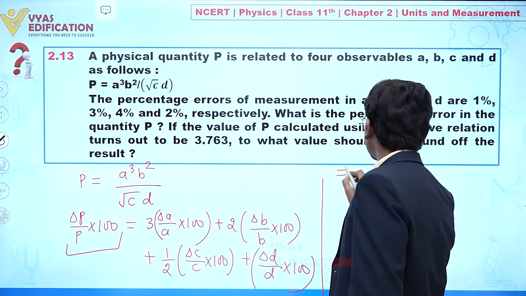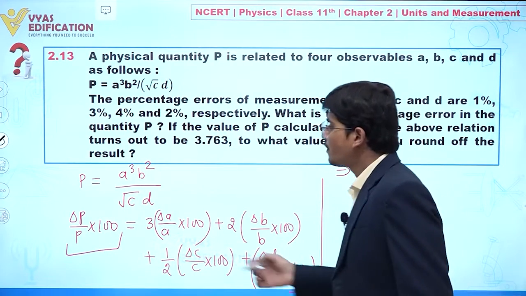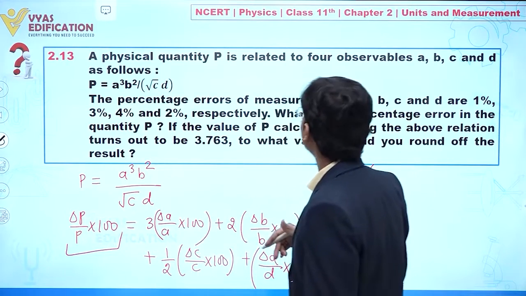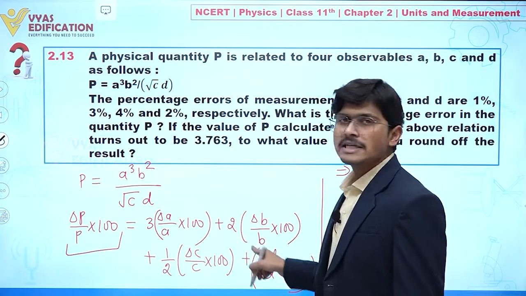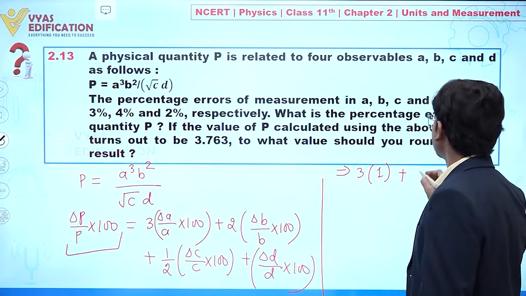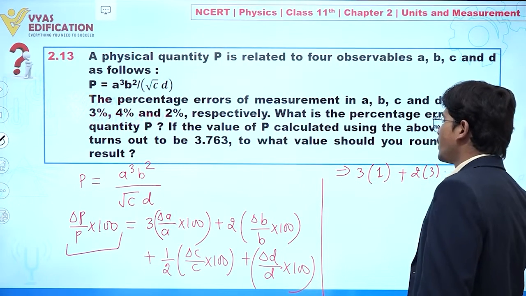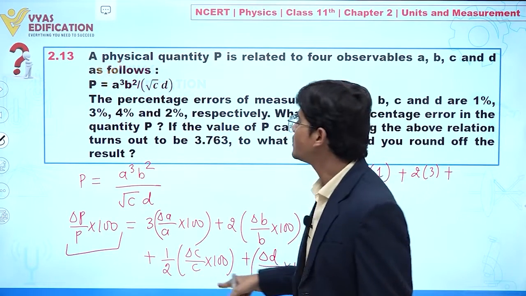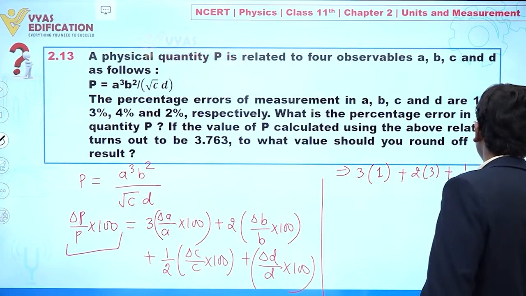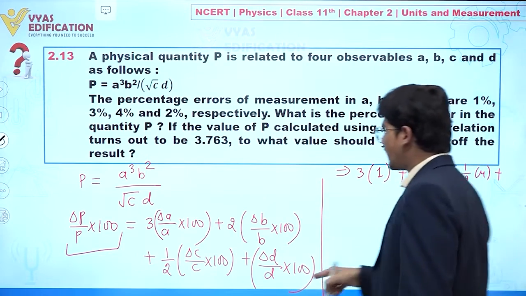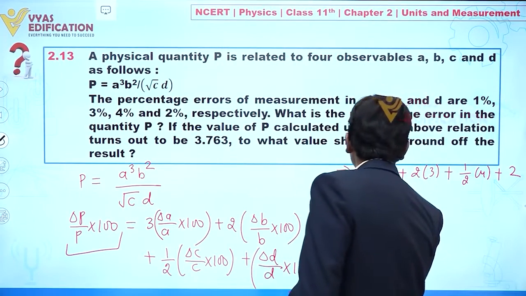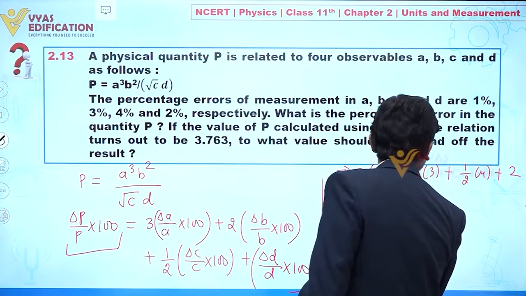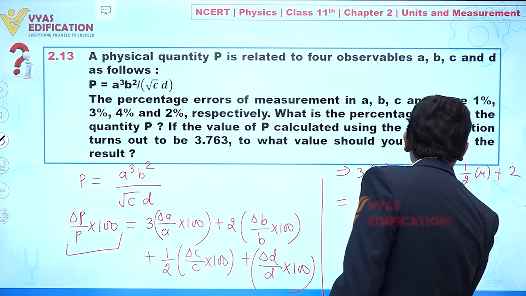We can directly write like this, 3 multiply percentage error in A. Percentage error in A is given to you as 1, clear, plus percentage error in B, that is 3%, so 2 multiply 3, plus percentage error in C, half multiply 4, clear, plus percentage error in D, this value we have 2, clear. So from here we can say this is equal to 3 plus 6 plus 2 plus 2, clear.